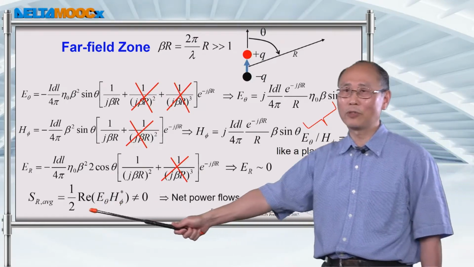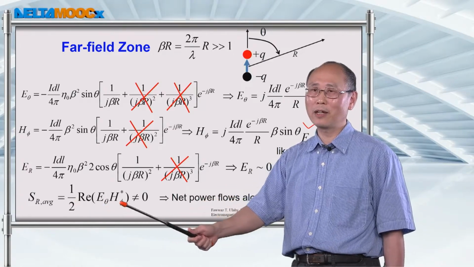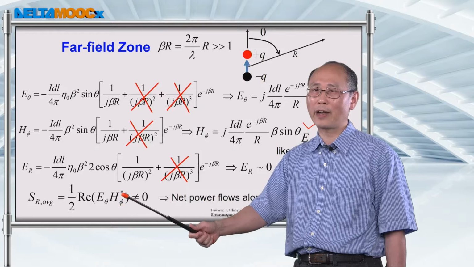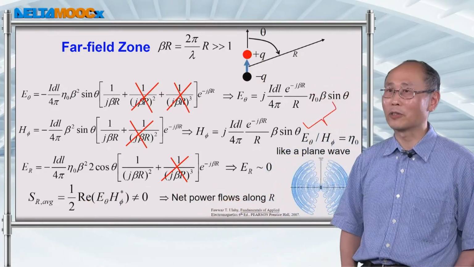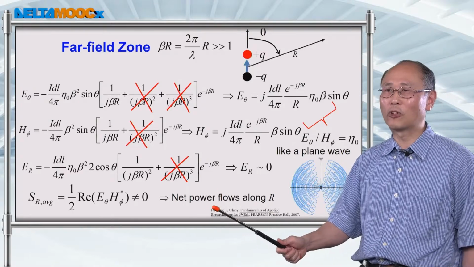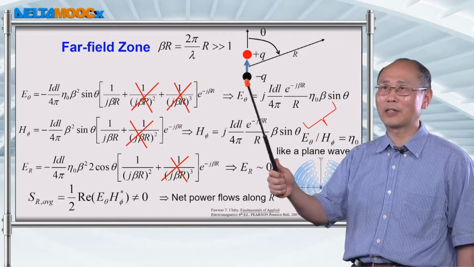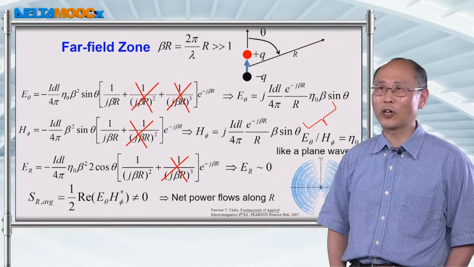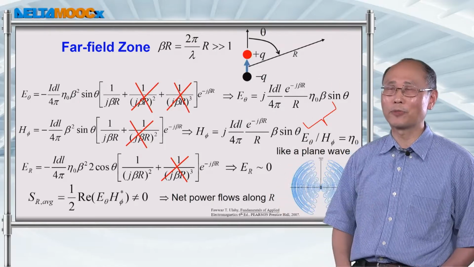So if you again take the E theta cross with H phi conjugate, and then the real part of it is not going to be equal to zero. So this means that there will be some net power flow along the radial direction. So indeed, such construction of the charge, oscillating charge, can produce radiation in space.